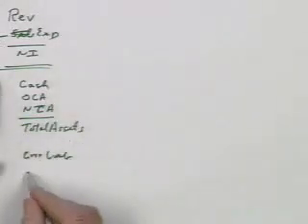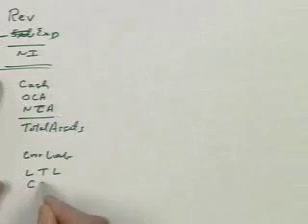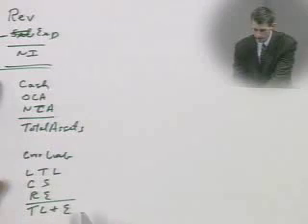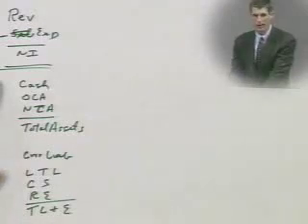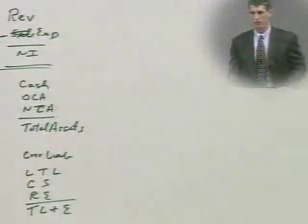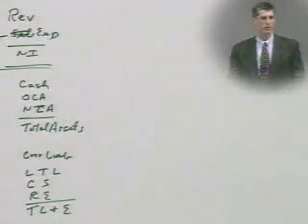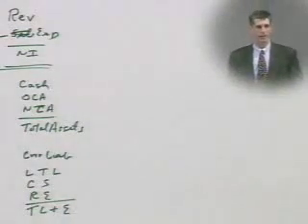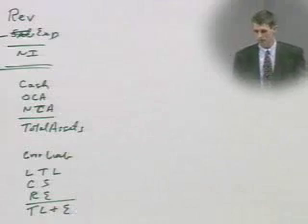I'm going to have long-term liabilities. I'm going to have common stock, retained earnings. That's going to give me total liabilities and equity. Any questions before we go any further? Does this stuff look at least vaguely familiar? Now you've had a week off, get those synapses firing a little bit here.